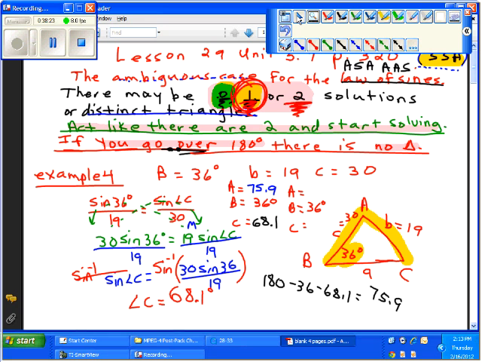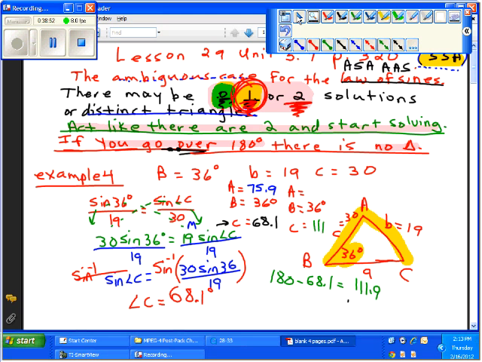Now the angle we solved for was C. So 68.1 is option 1 for angle C. Option 2 for angle C is 180 degrees minus option 1. 180 minus 68.1 is 111.9.